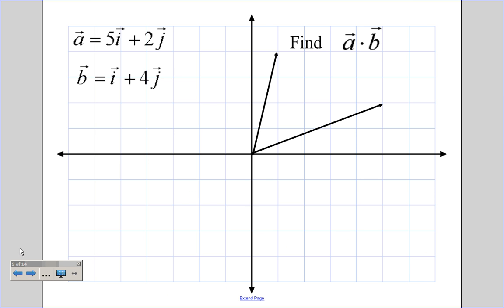Alright, now if I want to find A dot B here, I have 1i and 4j, and 5i and 2j. So this is going to be my B. This is going to be my A. For A dot B, we need to find the angle in between here and find the magnitudes of both of these.